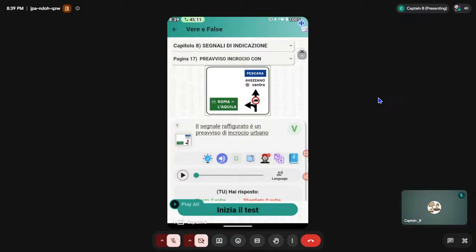Now, look carefully. Pescara there is what? Extra urbana. Now, it didn't tell us if it is secondaria or principale. In our mind, we already know that if we have to enter extra urbana, either we are driving 110 or 90. That's already in our mind. Good.